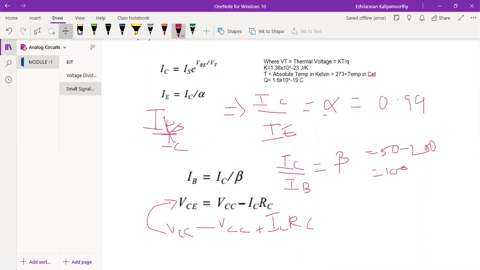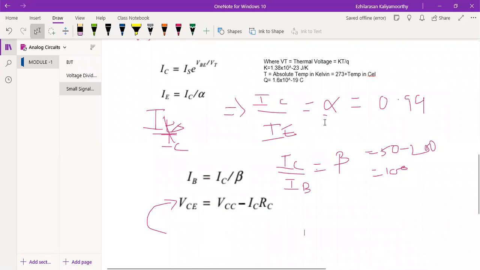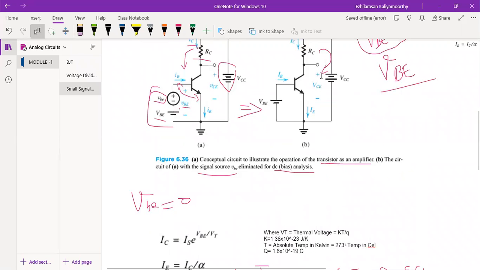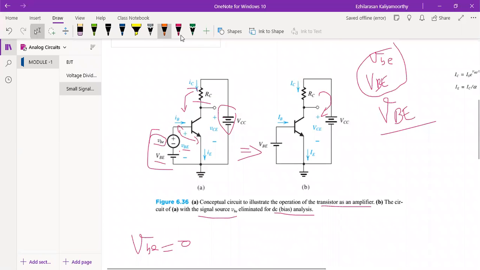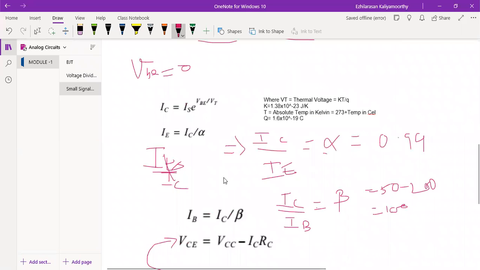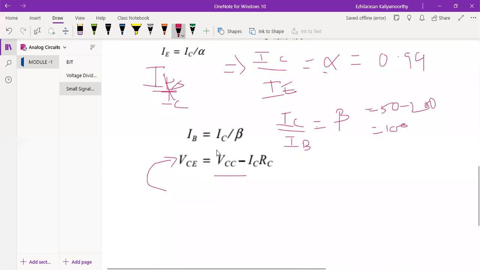Or simply, from here, VCE, the output voltage, is nothing but the applied voltage VCC minus IC RC. This is one more expression. So these four expressions we need to keep in mind.